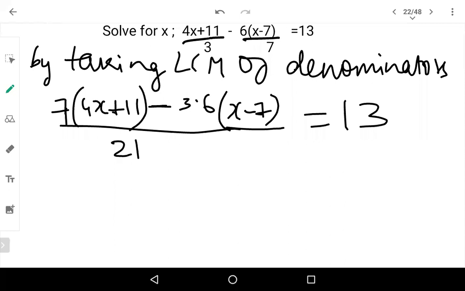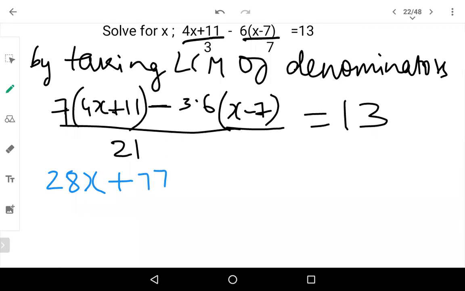Now in the next step, let us slowly do the multiplication. First, 7 fours are 28 and x will remain as it is. Then 7 into 11. 7 elevens are 77.